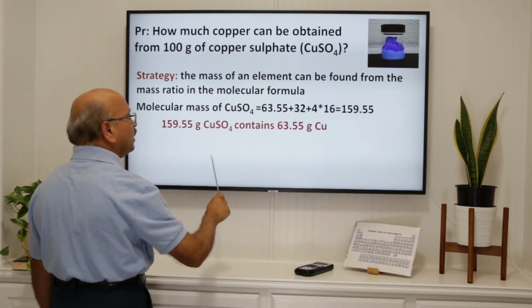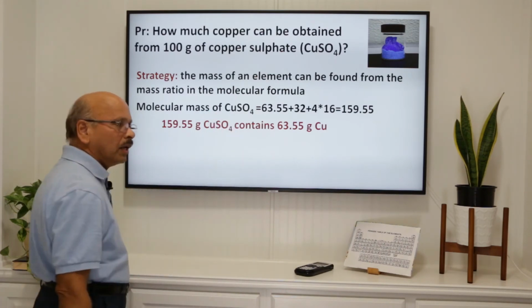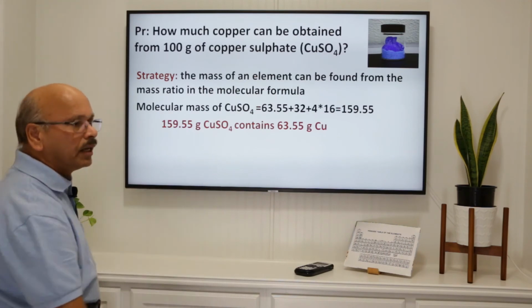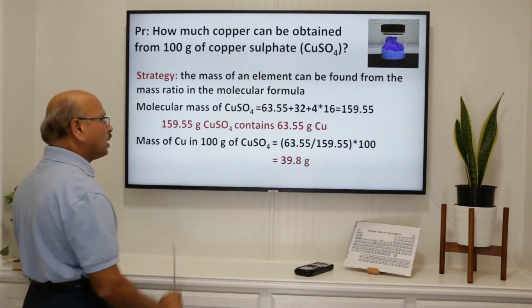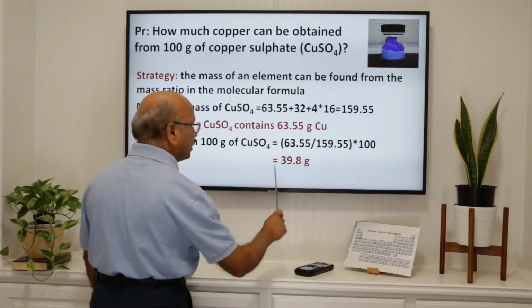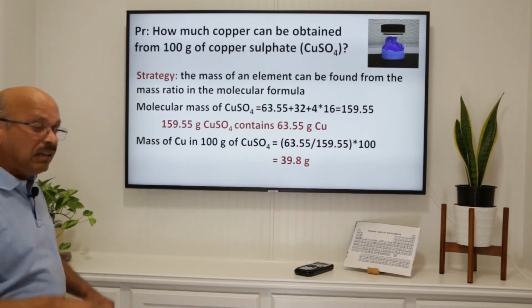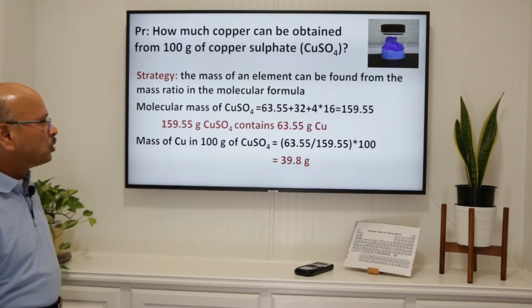So the copper sulfate grams will come down and the mass of copper will be on the top for the conversion factor, and you can easily get the mass of copper from that. So what is the calculation? Mass of copper in 100 grams will be 63.55 divided by 159.55 times 100, which gives you 39.8 grams of copper. So you can do this for any compound. You can find the elemental mass by using this idea.